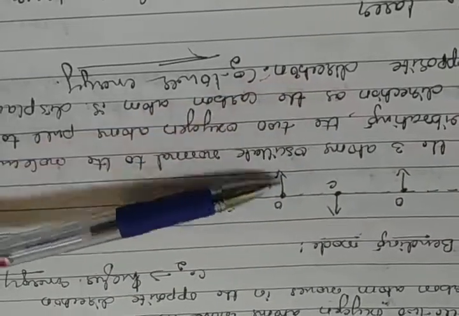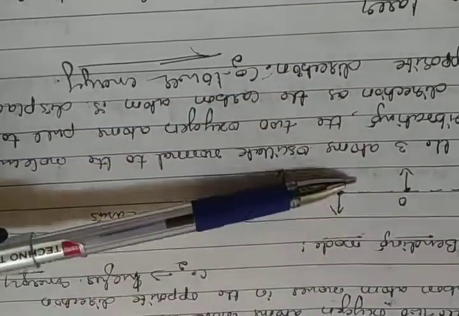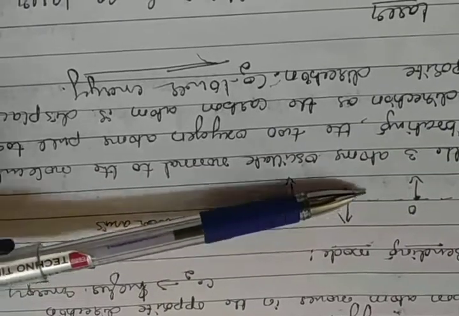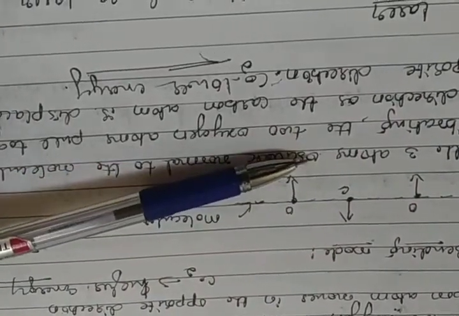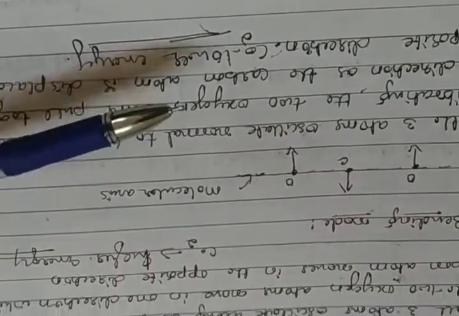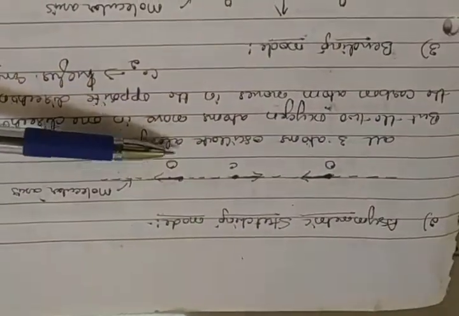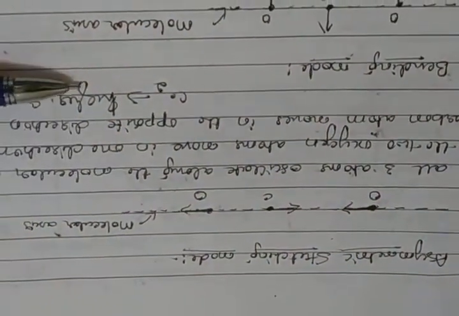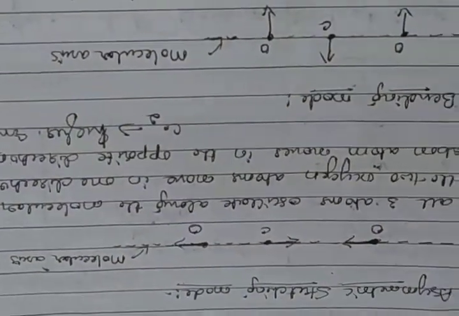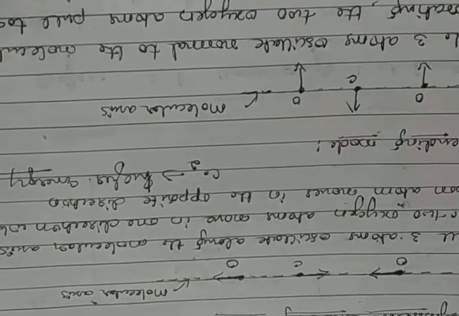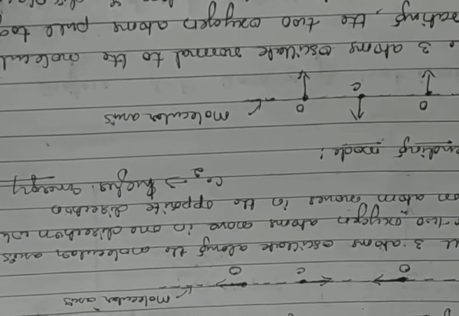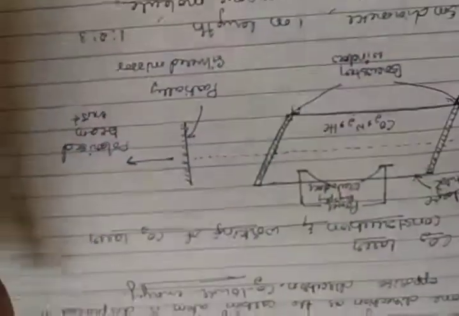So in this state, the carbon dioxide molecule will have lower energy. So in the bending mode CO2 has lower energy, asymmetric stretching mode has higher energy, and symmetric stretching mode has intermediate energy.